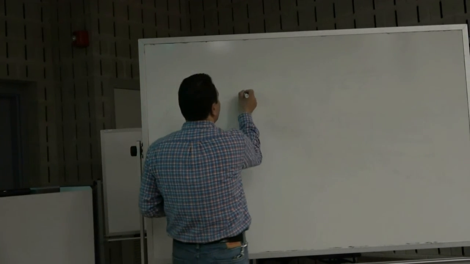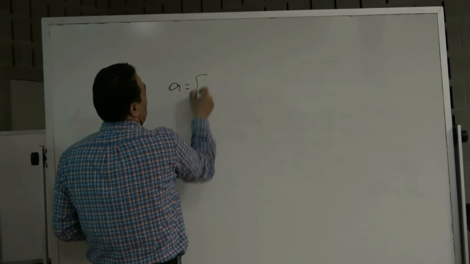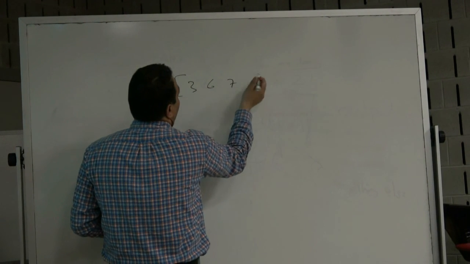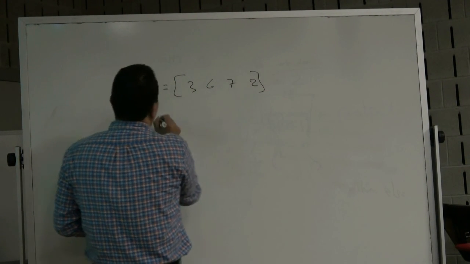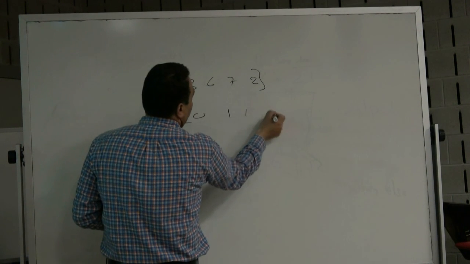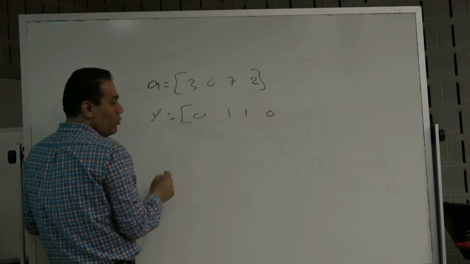For example, A equals 3, 6, 7, 2, and X equals 0, 1, 1, 0. So the knapsack will be how much?